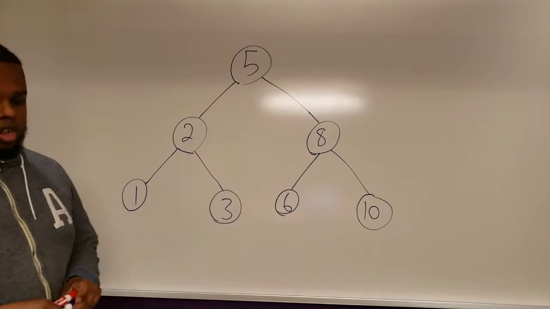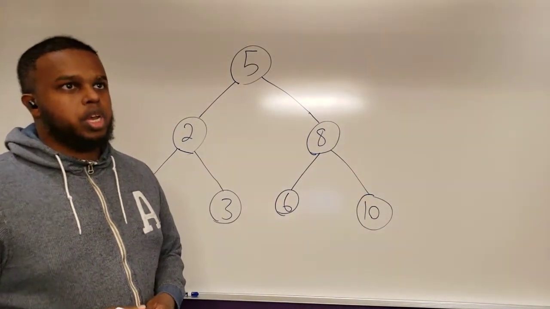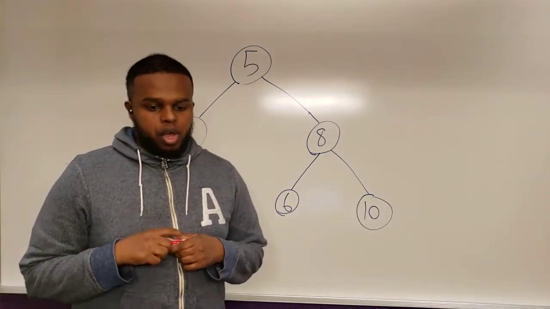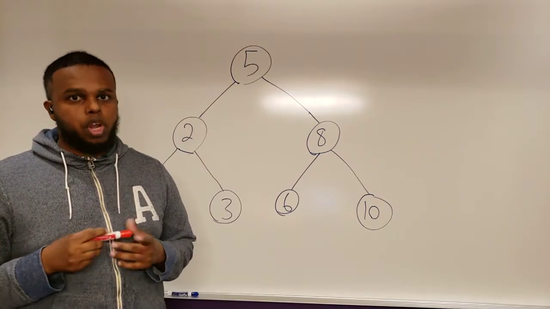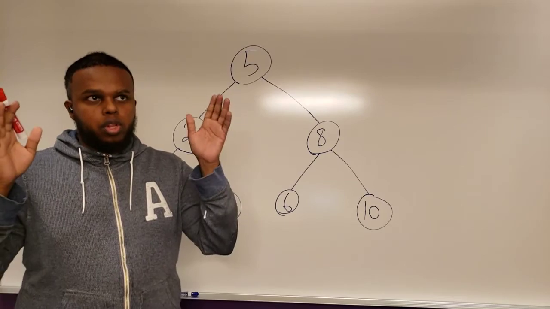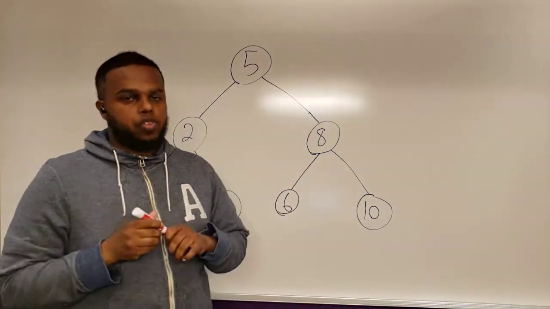So the strategy that I want to take is, starting at the root, I will pass a range. And at that level, the node's value will get compared to the range.